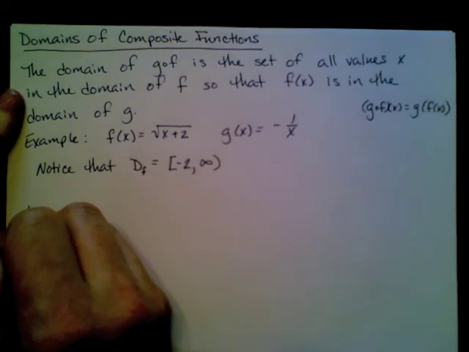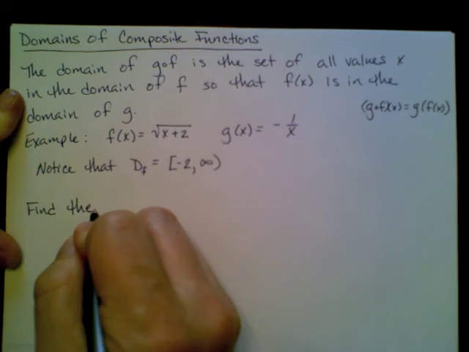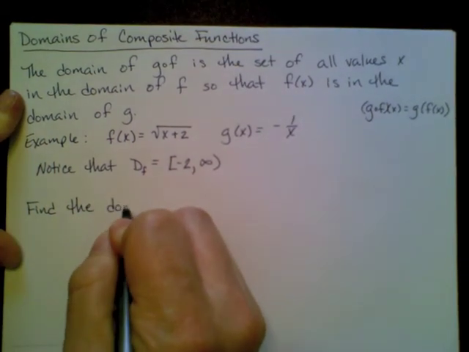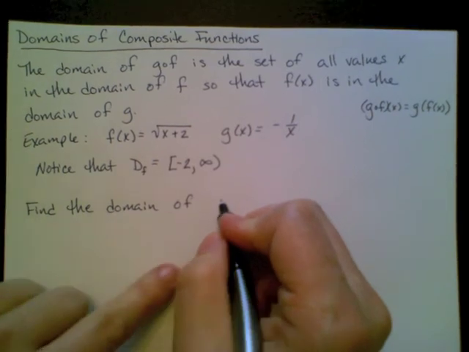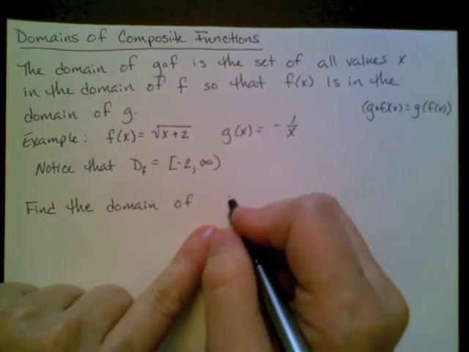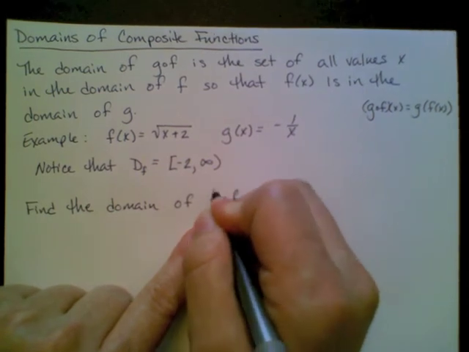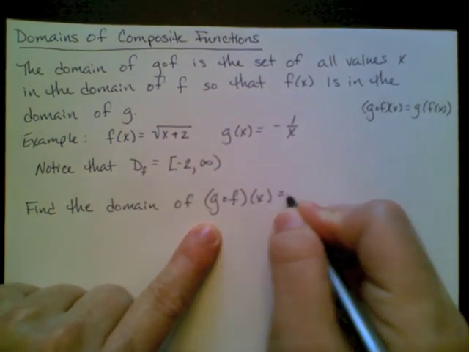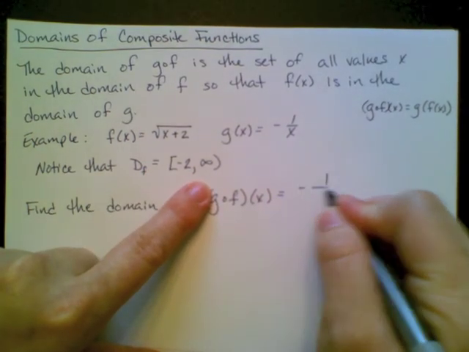I want to make sure we don't introduce any new restrictions. So find the domain of g composed with f of x equals, well, I need to put this in where the x is.